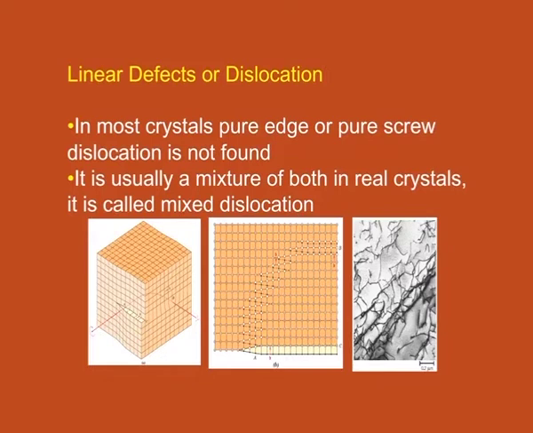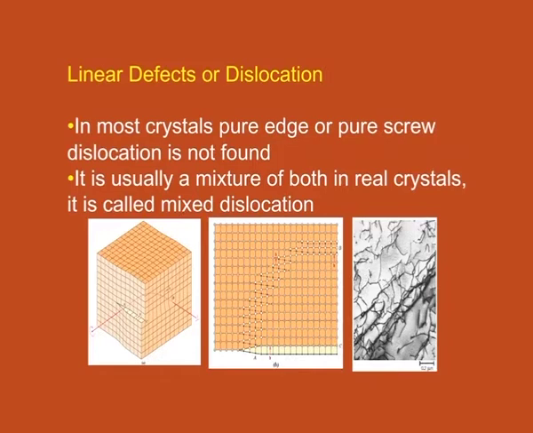The extreme right hand side figure in this slide represents a scanning electron micrograph image of a particular solid. Here you can easily see that we do not only have the edge dislocation, we also have the screw dislocation in the scanning electron micrograph.